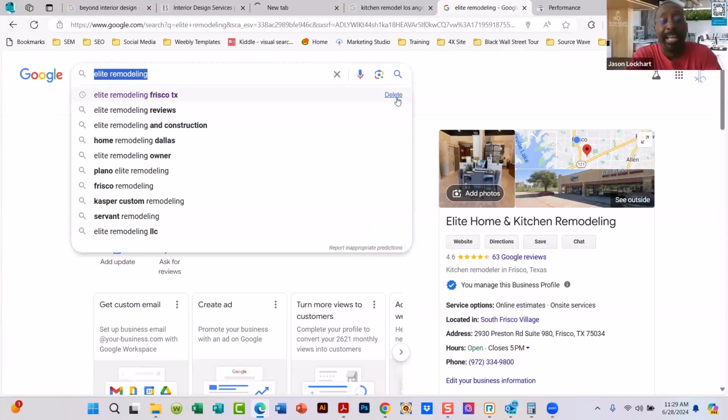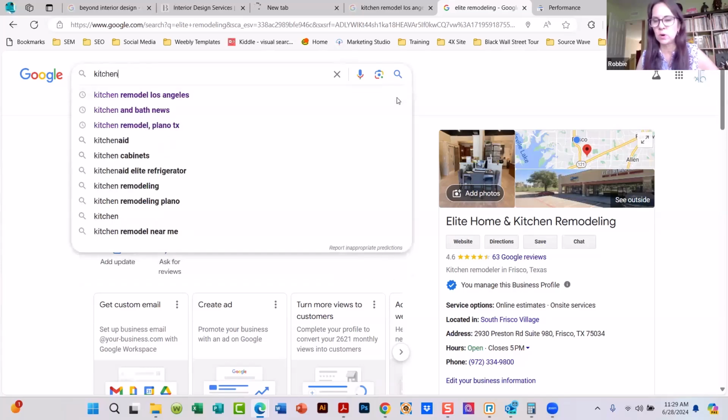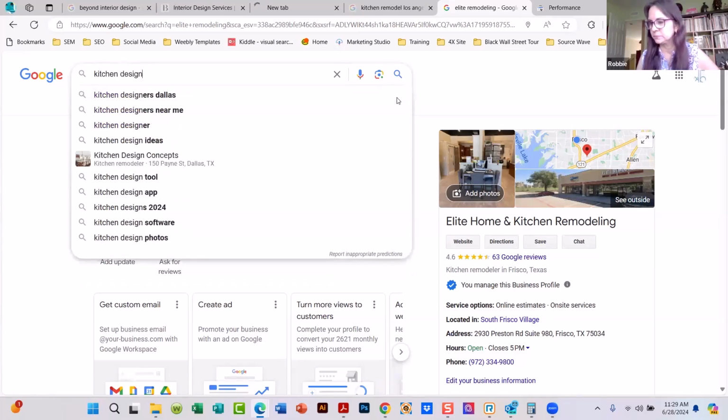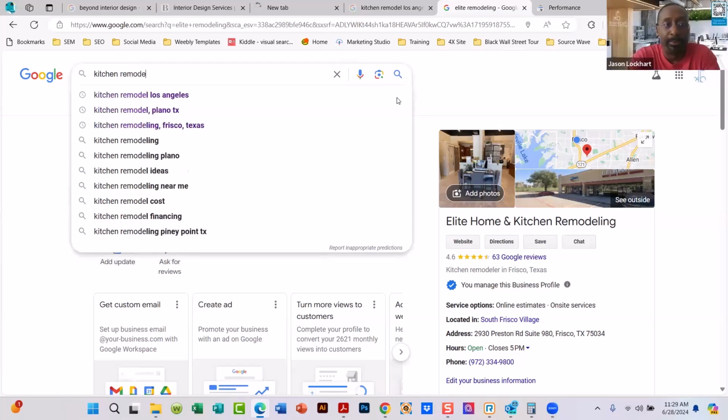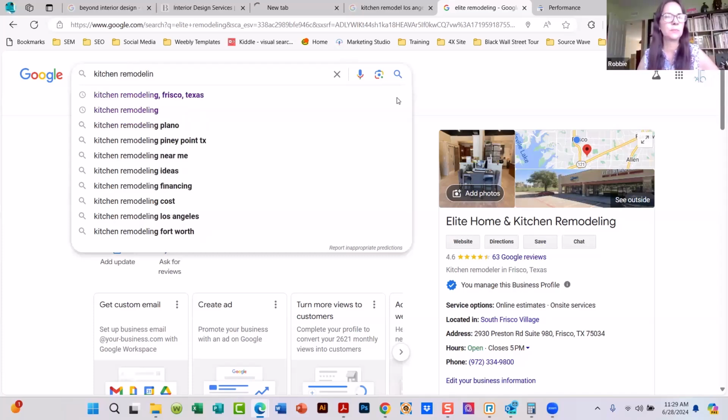I just said that because oftentimes the major area is not the actual area. I am in San Diego. I'd like to see kitchen design or kitchen remodeling, or interior designer might be good too.